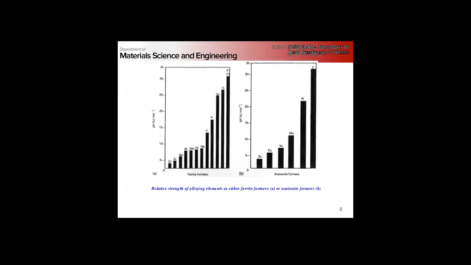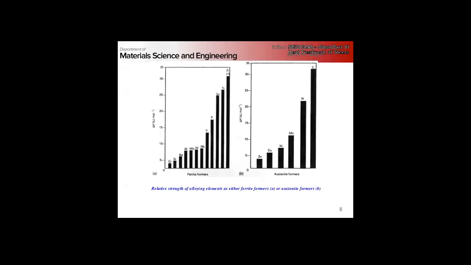But if we just think, how much titanium are we going to need to affect the austenite phase field relative to chromium and silicon?